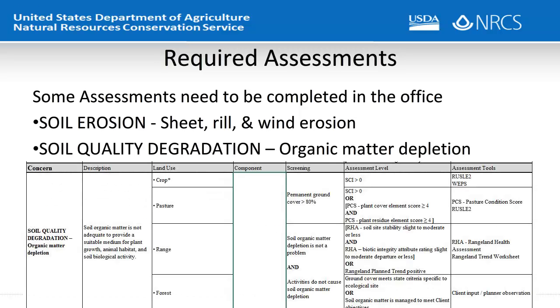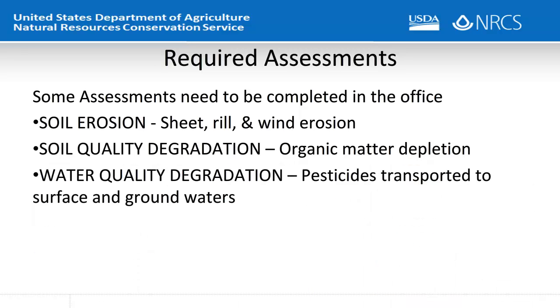For soil quality degradation, organic matter depletion, we used the observation method to determine that the cover was not sufficient in the screening question, but we must run a predictive tool, Russell II and WEPS, or IET, to calculate the predicted soil condition index, or SCI, which identifies the predictive trend, either positive or negative, of the soil's organic matter content.